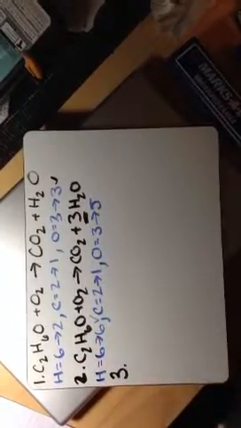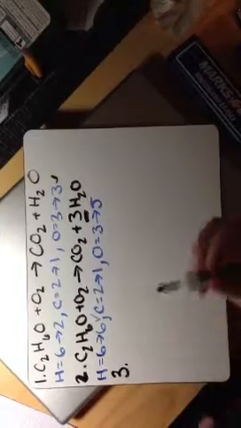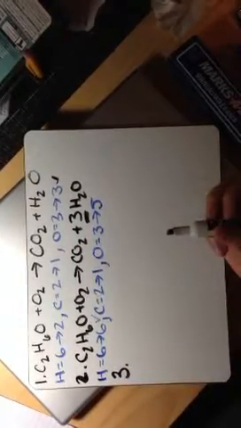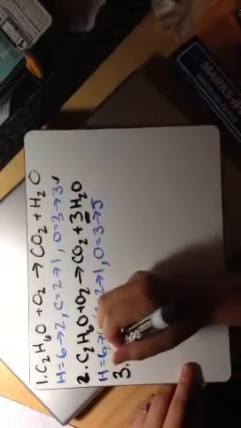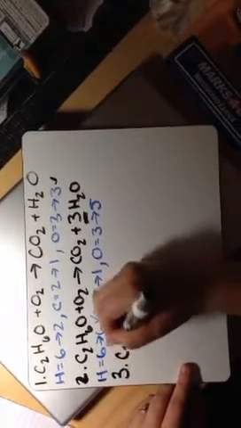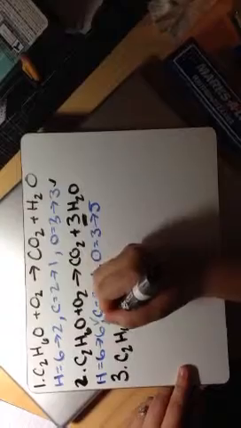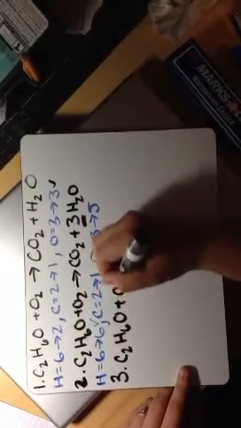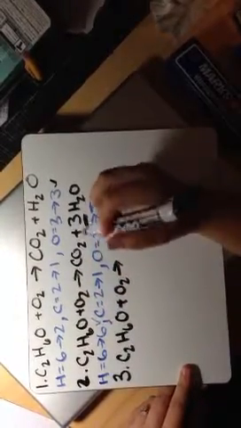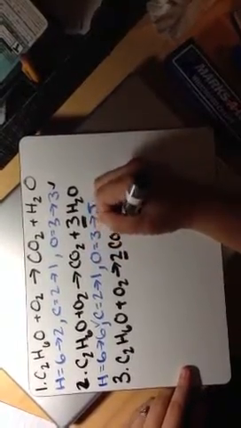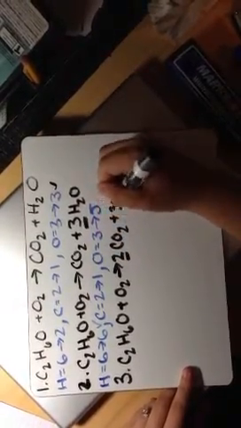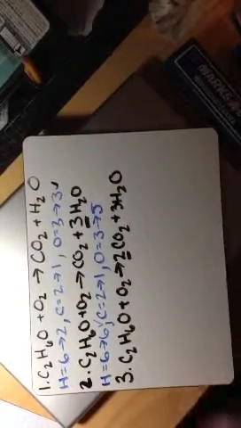Step 3. Now we're going to try and fix the carbon. So we're going to have C2H6O plus O2 reacts and becomes 2, that's our new one, CO2 plus 3H2O.